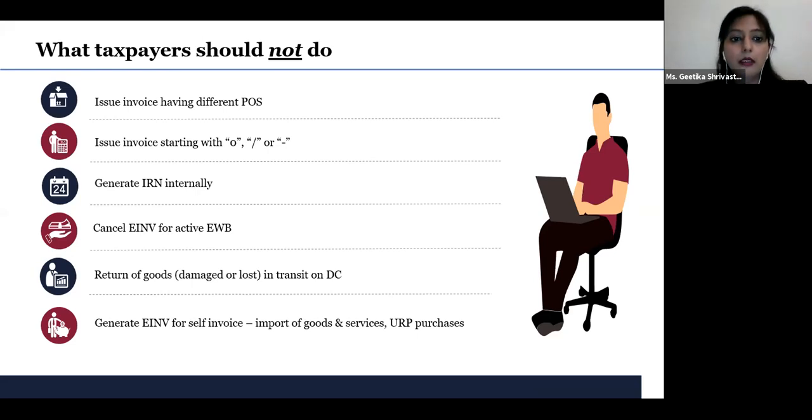You cannot do the IRN generation on your own because many people have a misconception that it's a combination of 4 parameters, so just putting them side by side, like the GSTN number was created. That's a wrong understanding. There's a hash algorithm which will be used to generate a unique number, and it will not be a simple summation of the 4 parameters.